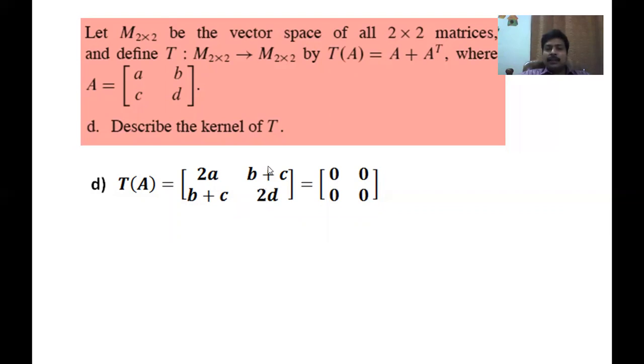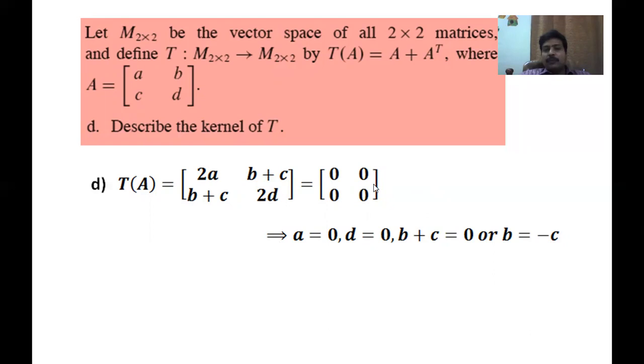Let us equate this to the zero vector. The zero vector in the M2x2 vector space is [0, 0; 0, 0]. So if T of A is equal to the zero vector, then 2a is equal to 0, that implies a is equal to 0, 2d is equal to 0, that implies d is equal to 0, and b plus c is equal to 0 implies b is equal to minus c.